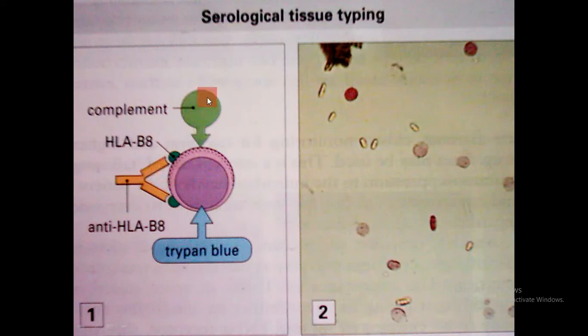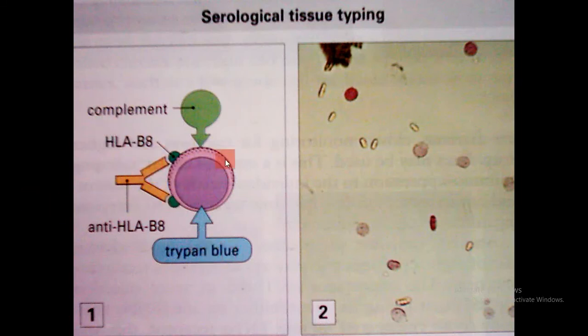Then we add the complement that leads to fixation of this reaction and leads to activation of the classical pathway of the complement, leading to membrane attack complex MAC and lysis and rupture of the T or any lymphocyte. And then we add the stain, which is trypan blue.